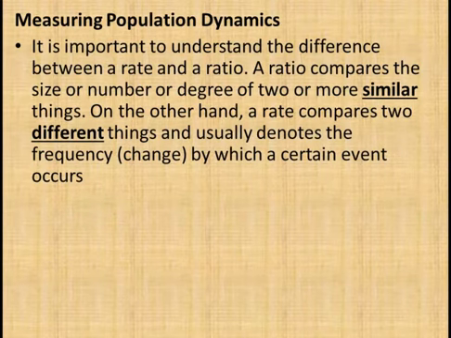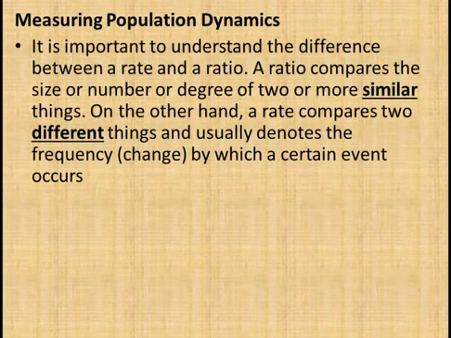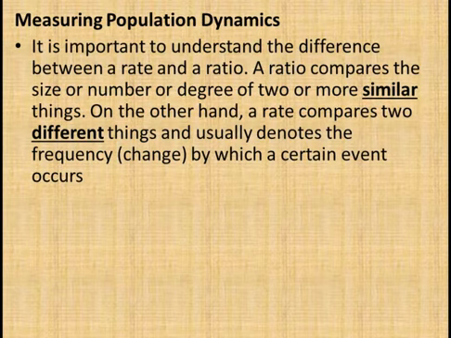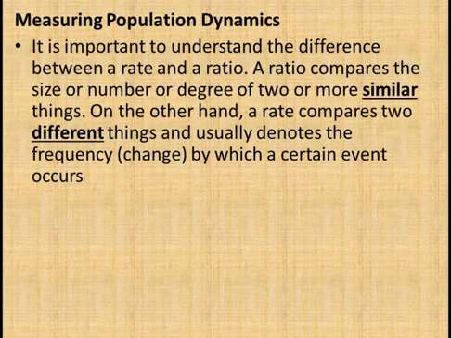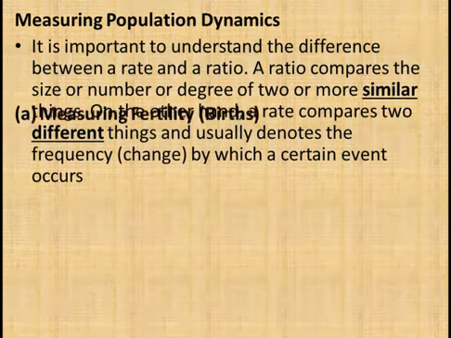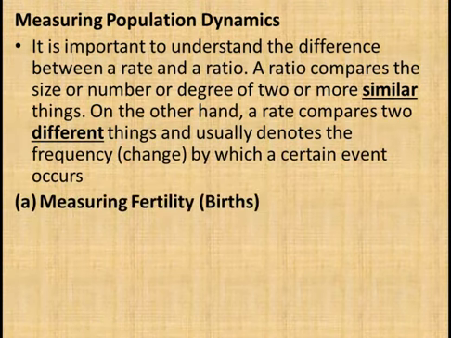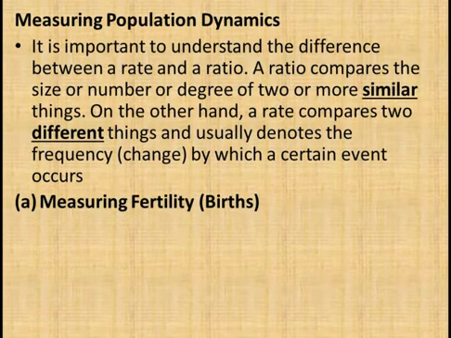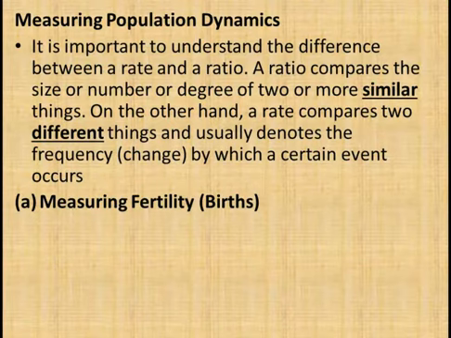On the other hand, a rate compares two different things and usually denotes the frequency or the change by which a certain event occurs. We will begin with the measurement of fertility or the measurement of births, also referred to as natality.